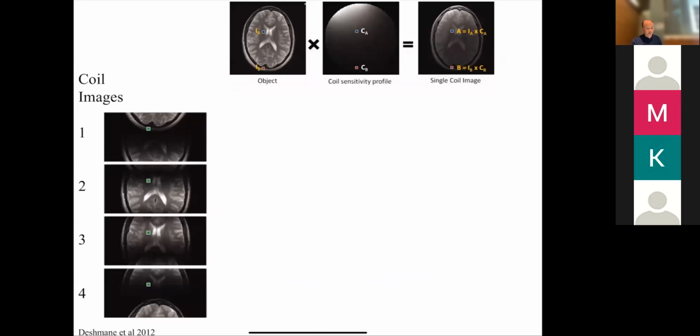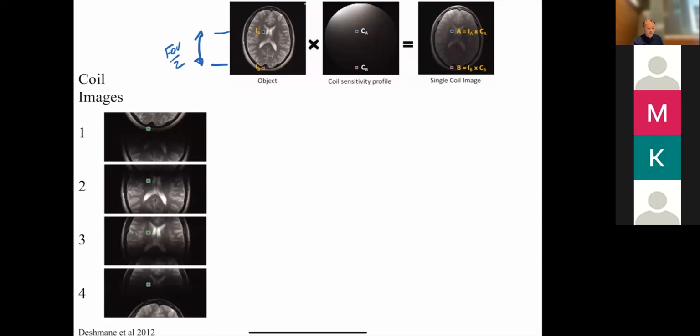Okay, so let's work through an example. On this slide we're going to sort of derive the SENSE algorithm. Here's the idea: if I have an image with, let's say, two voxels, and these are FOV over 2 apart, so they're half an FOV apart.